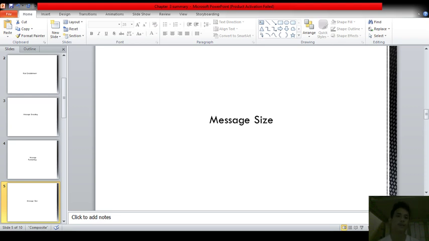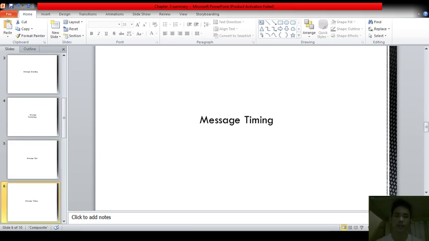Of course, when we communicate, our message is composed of letters, and when you combine letters, they form words, and when you combine words, they form a sentence, and when you combine sentences, they form a phrase or a paragraph or content that you want to send to the other person. So that is all about message size.